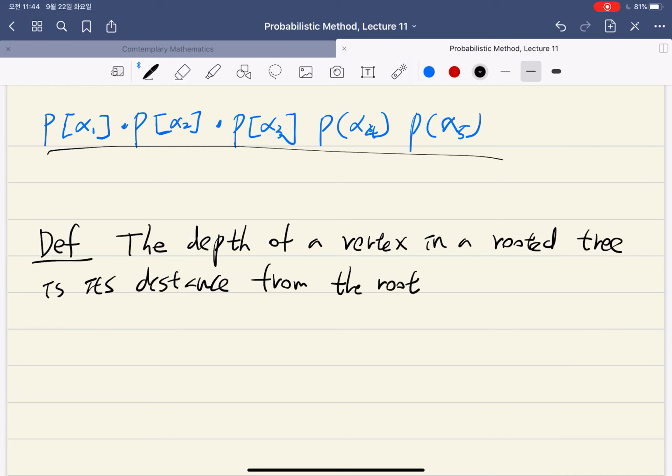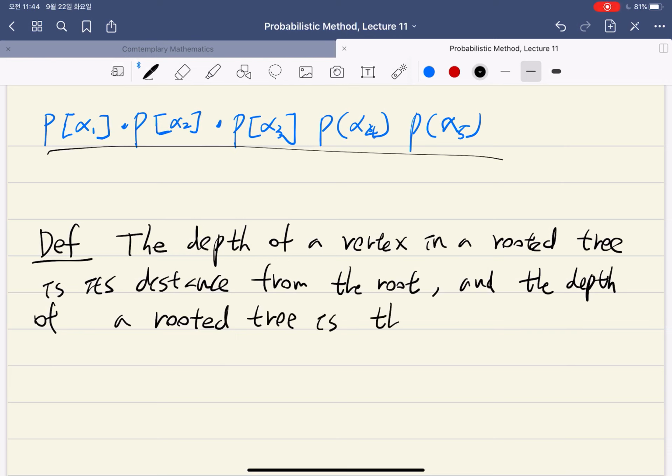So the distance from the root is the depth of a vertex, and the depth of an entire rooted tree is the maximum depth of its vertices.